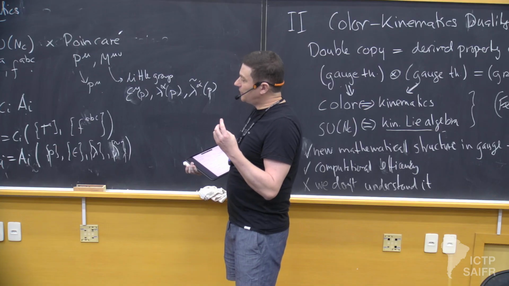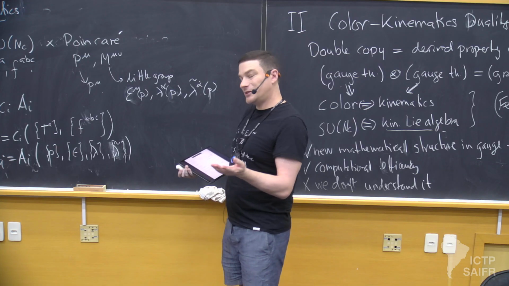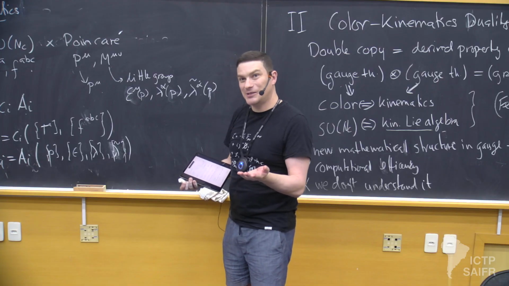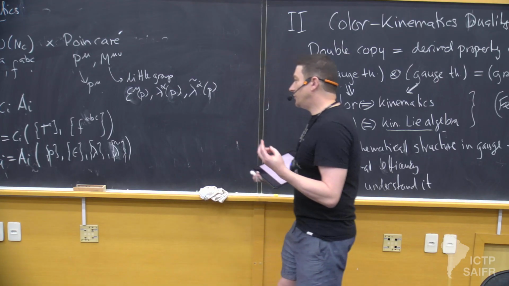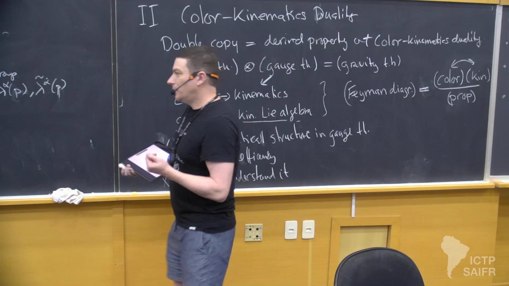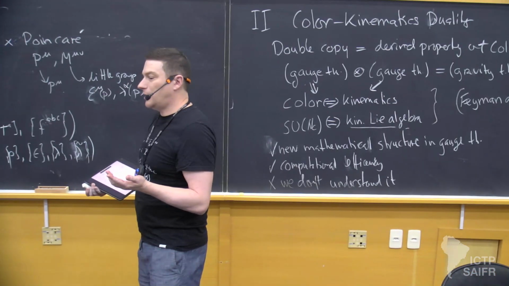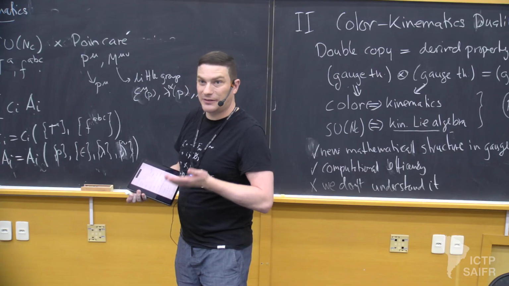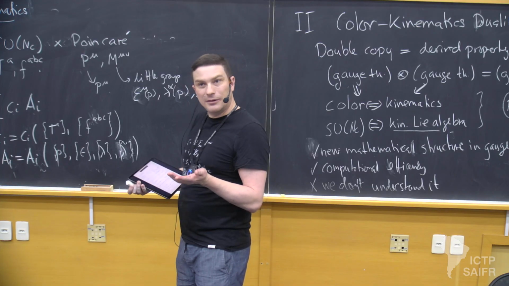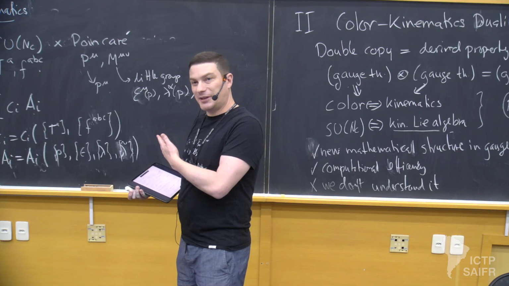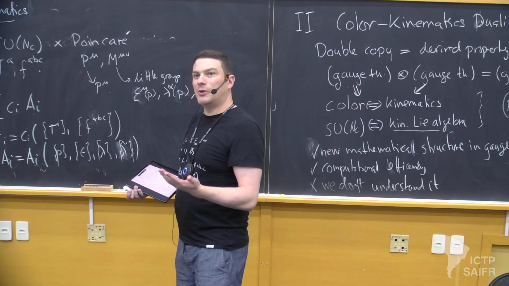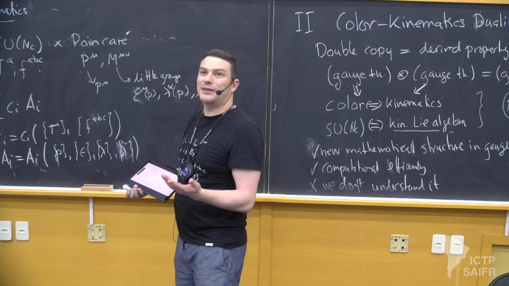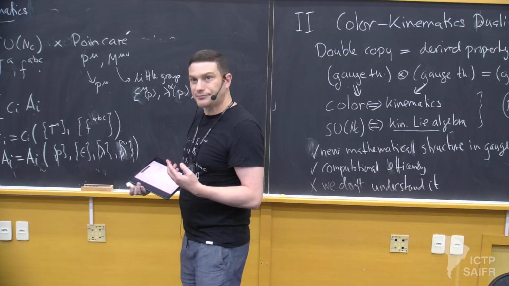Maybe I get what you're asking: if you change the color, do you get a different kinematic algebra? To a certain extent. For example, if you don't allow the fundamental representation, that's a constraint on your color structure, which might have some implication on the kinematic part. But it's more indirect; I would say it's less direct dependence and more indirect.